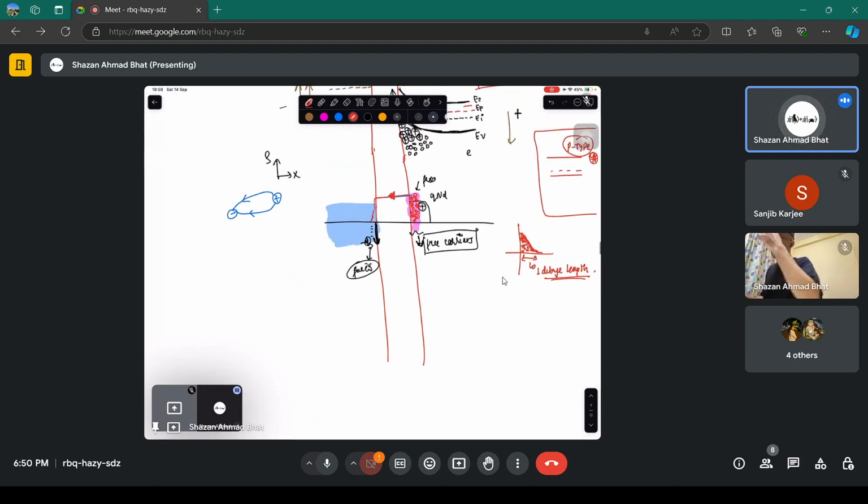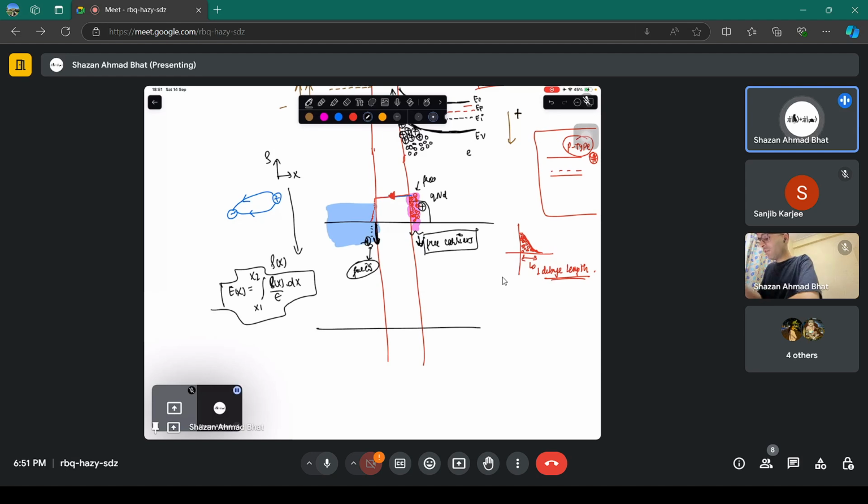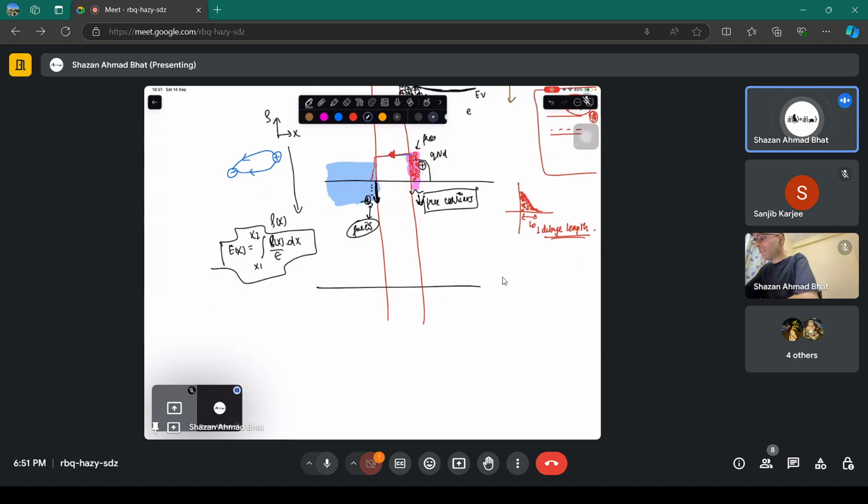So now, if you have understood this particular scenario, then you have to go with the same strategy of computing the electric field. You know the charges as a function of x. You can compute the electric field as a function of x by integrating the space charge with respect to x from x1 to x2. And if you remember the tricks I used previously, you can easily compute the electric field in this system.